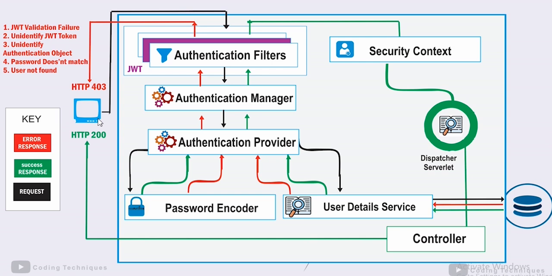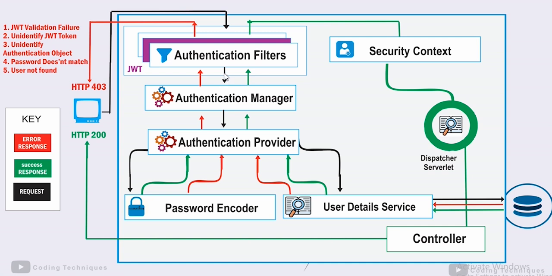The request starts from here. As we all know, the request is first intercepted by the authentication filters. We have many filters here which the request passes through, and inside these filters we have the JWT. So the request passes through the Authentication Manager.